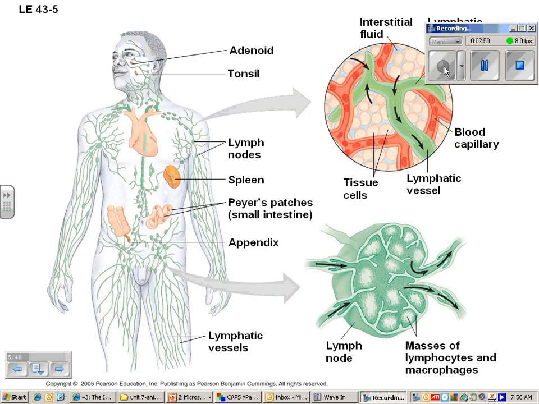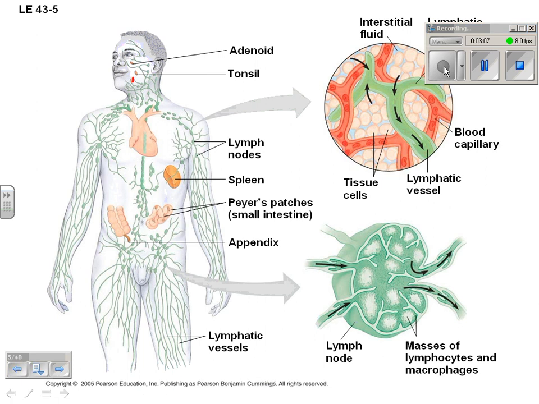One really important part of your immune system is actually a circulatory system in you called the lymphatic system. The lymphatic system is an open circulatory system consisting of various lymphatic vessels scattered throughout the body, and then concentrated areas called lymph nodes.